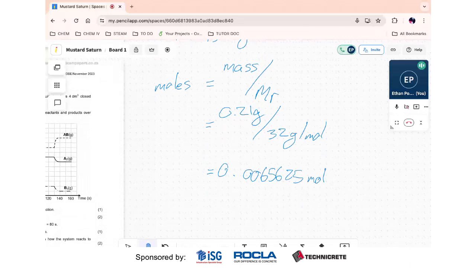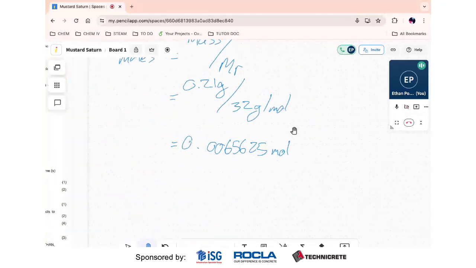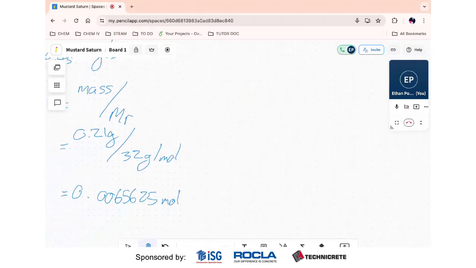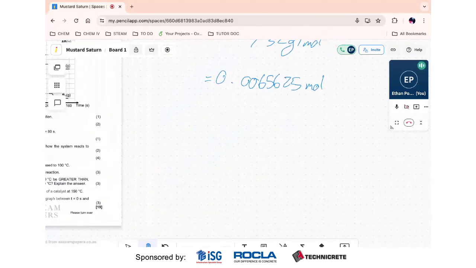So let's calculate the mass of sodium thiosulfate because the answer is in grams per second. Okay, so let's just make some space down here. So the mass of sodium thiosulfate, rearranging our equation, is moles times molar mass.